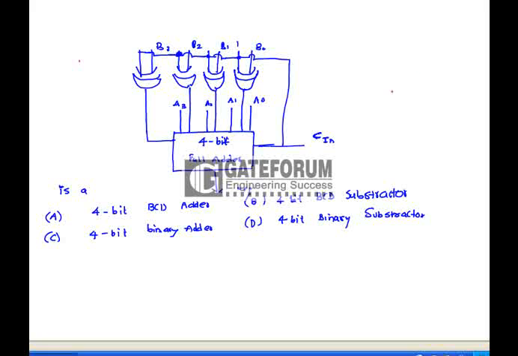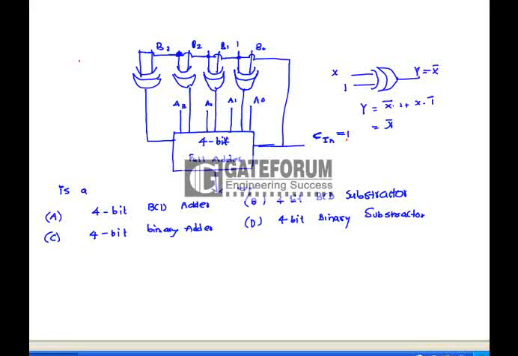So if we take the basic XOR function, assume this is x, this is 1, the output y equals x bar 1 plus x 1 bar, so it leads to x bar, means y equals x bar, means an exclusive operation is performing if Cn is equal to 1 here. Then the output of all the exclusive OR gates are inverted, means it is kind of a ones complement form.